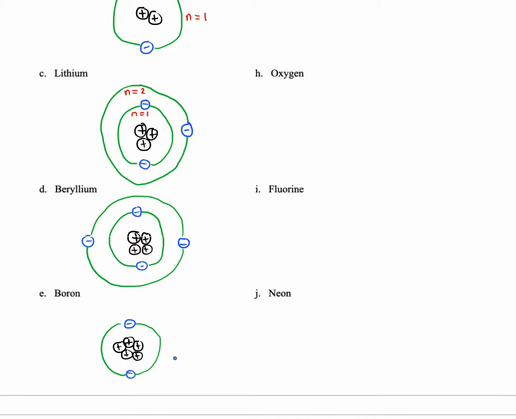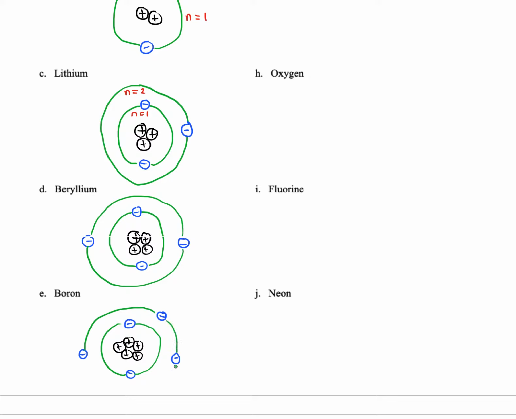Now you might be thinking that perhaps the second energy level here is going to be full with 2 electrons as well, because that's how it was for the inner shell. Turns out that's not the case. That second energy level, we say, can hold up to 8 electrons in the Bohr model.